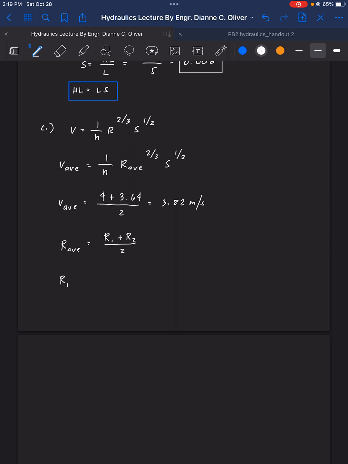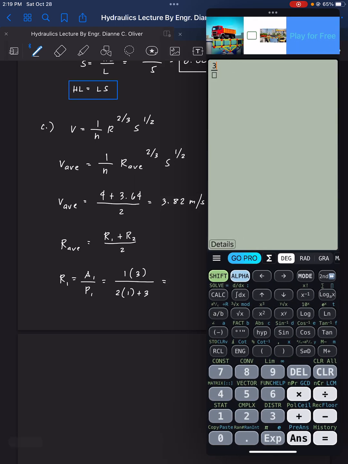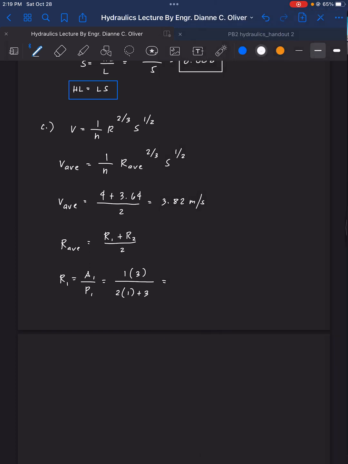Now for R1, we have A1 over perimeter 1. For A1, we have the depth of 1 times the width of 3, and the wetted perimeter is 2 times 1 plus 3. So that is equal to 3 over 2 plus 3, which is 0.6 meter.